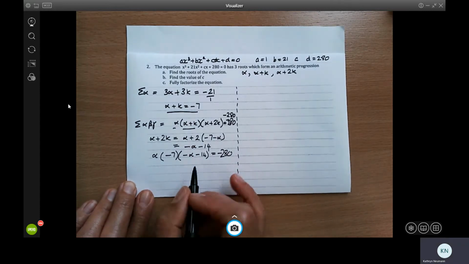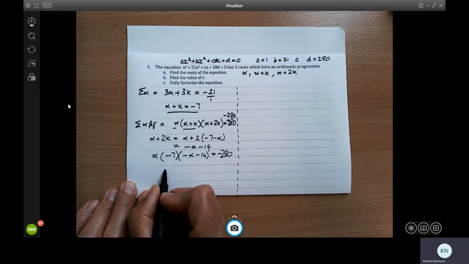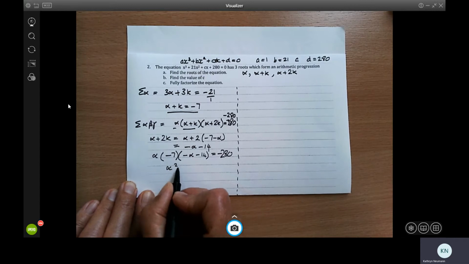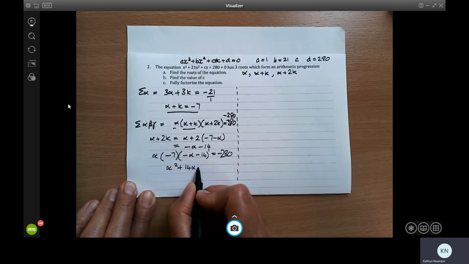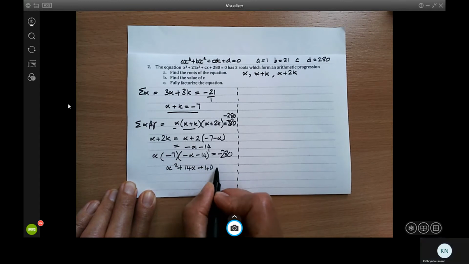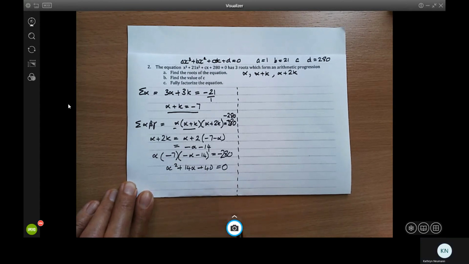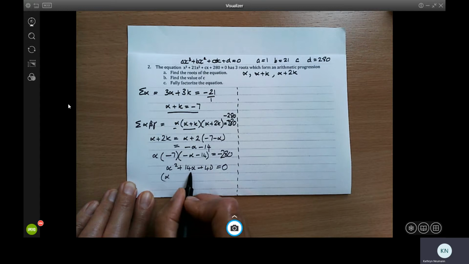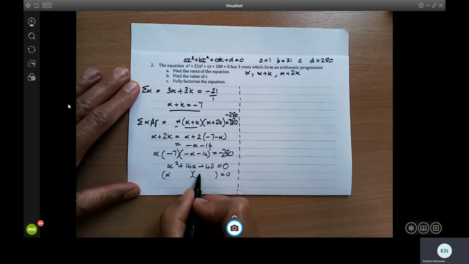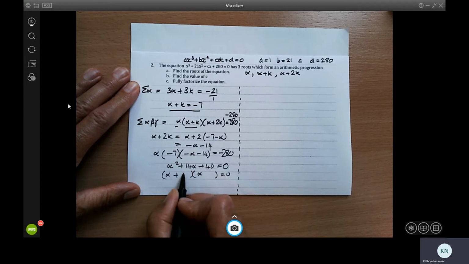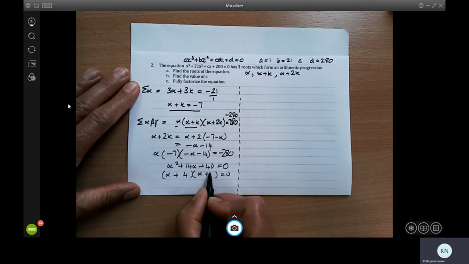Multiplying all of this out and getting it onto one side, we'll get the quadratic alpha squared plus 14 alpha plus 40 equals 0. Factorising that, or using your calculator, we're going to have plus 4 and plus 10.